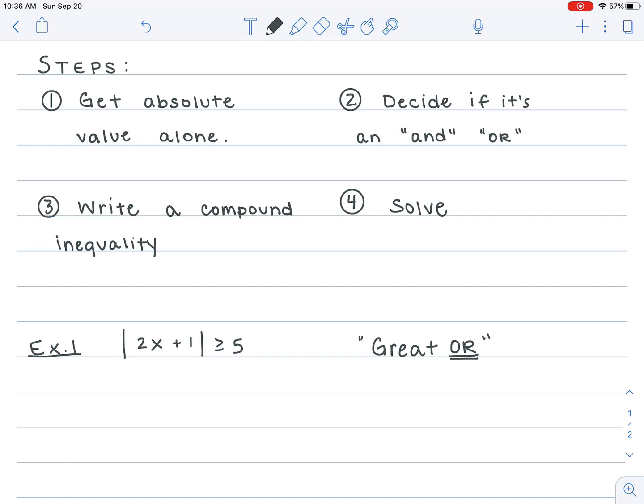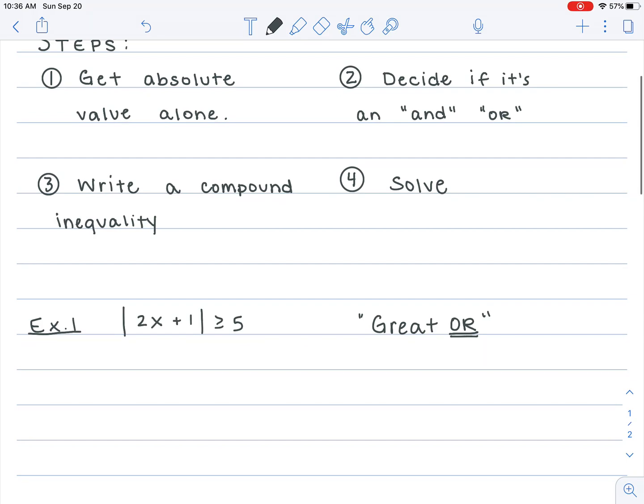Now we're going to write our compound inequality. So the first one's going to be just like you see it. So the first one is the absolute value of 2x plus 1. Oops, we can get rid of the absolute values. My bad, guys. 2x plus 1 is greater than or equal to 5. The second one, just like the equations, you're going to flip the sign over here to -5.